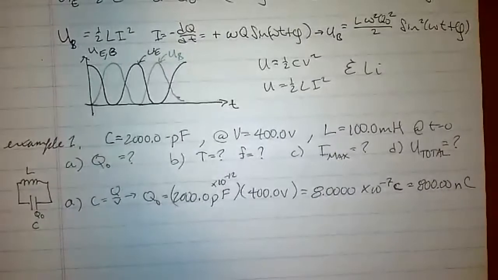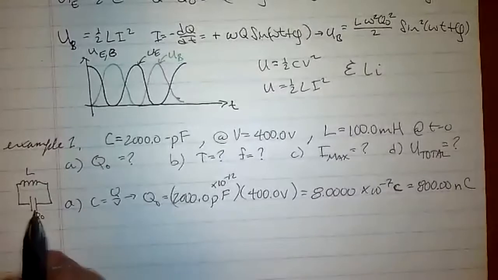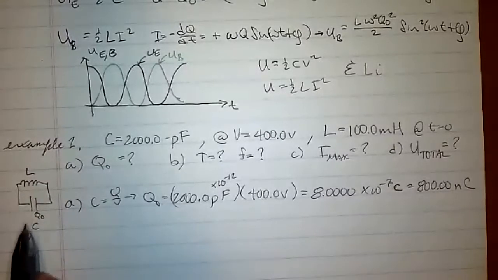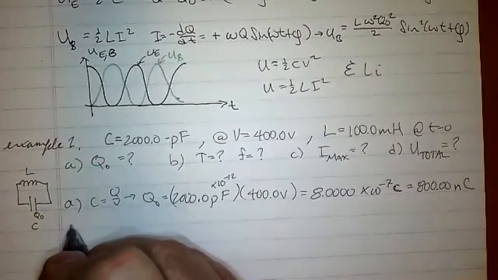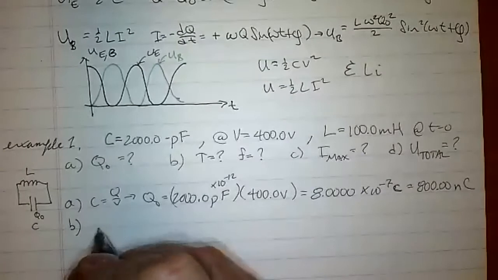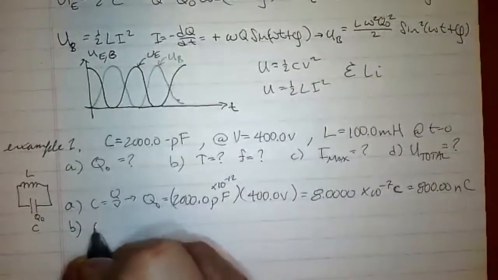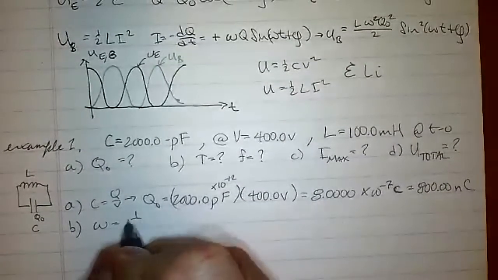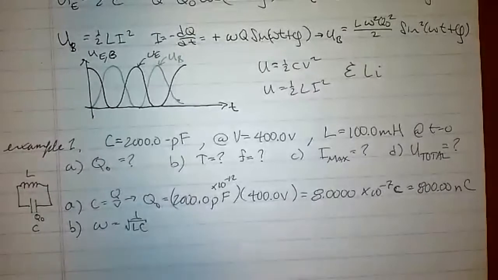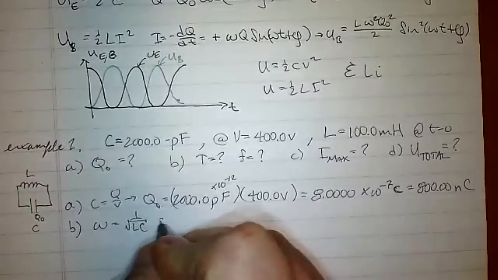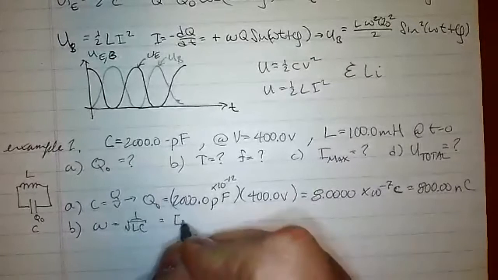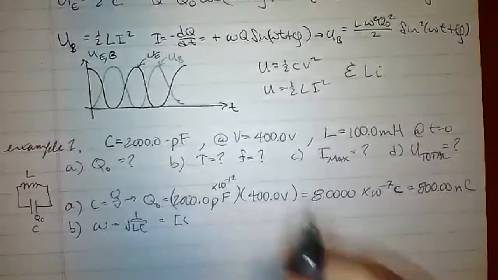All right, so we now have the charge that this thing will have after we disconnect it from the 400 volt source. Now what I want to figure out is what is the period and frequency? Well, we know that frequency can be found from omega, and omega is equal to 1 over the square root of LC. So I'm going to take L times C and raise it to the -1/2 power.